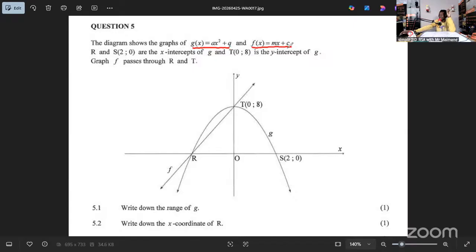Depending on your skill in mathematics, you should be able to tell between the two graphs which one represents which function. But before you stress yourself, it is labeled on the diagram which graph is which. So look at this. g(x) is ax² + q.